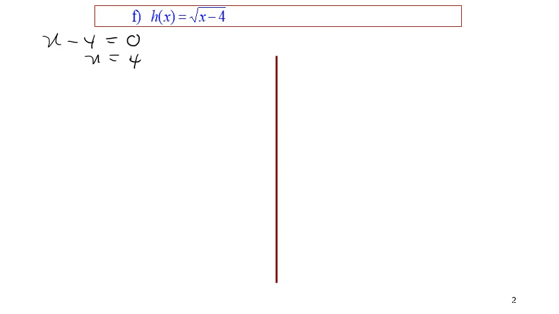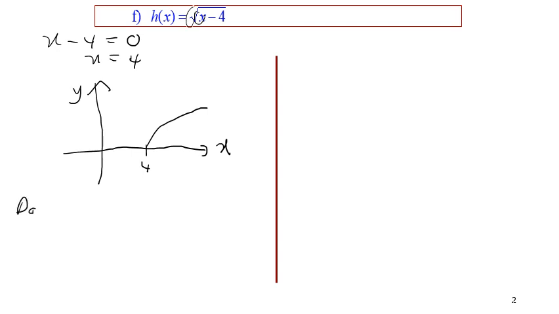And remember the shape of the graph. x is positive and outside is positive also, so the shape of the graph would be like this. And from that we can find out the domain of the function.